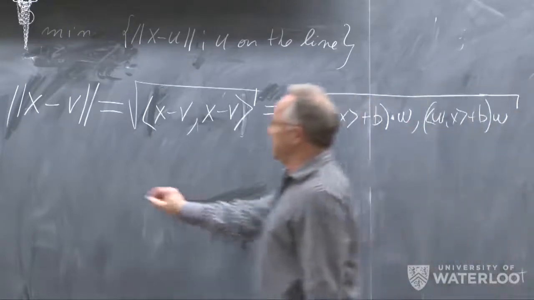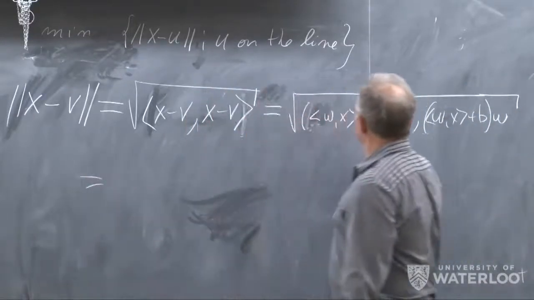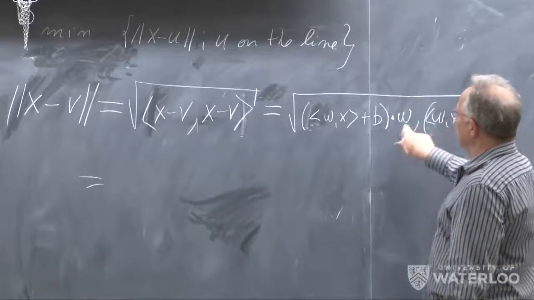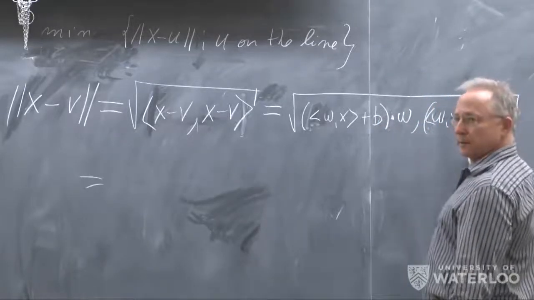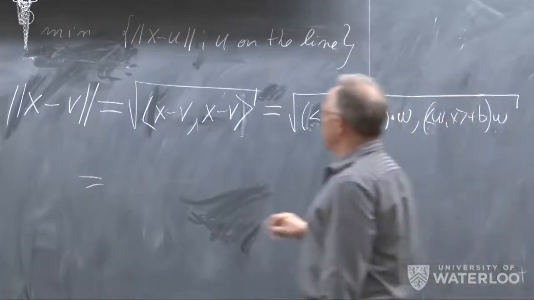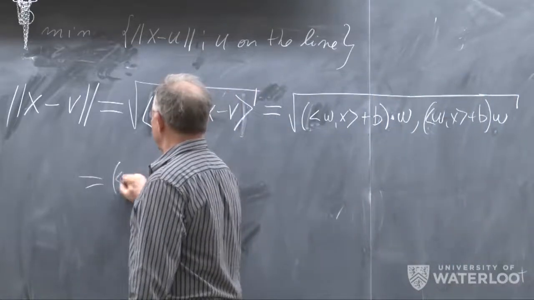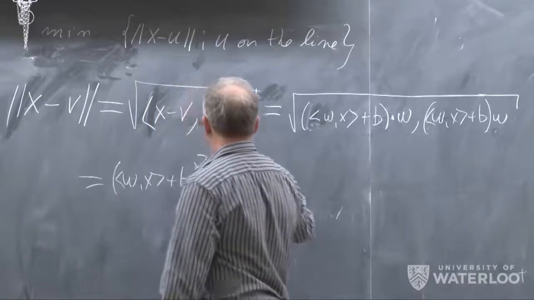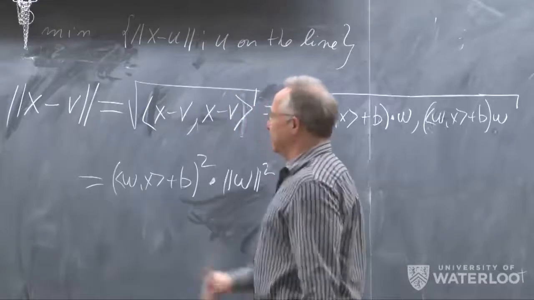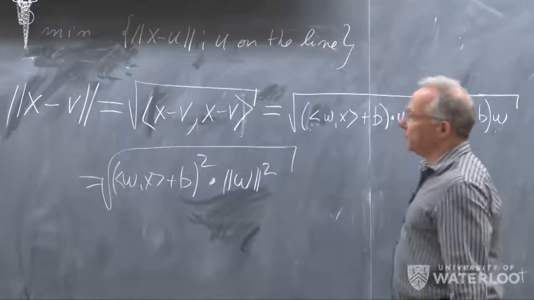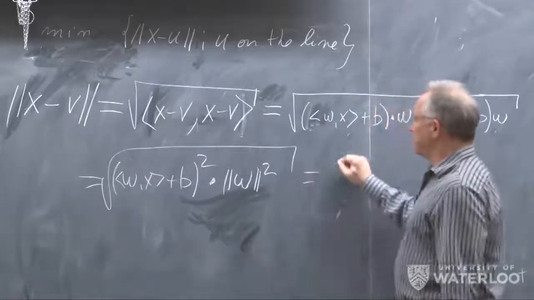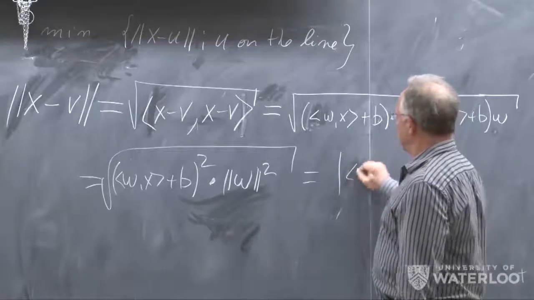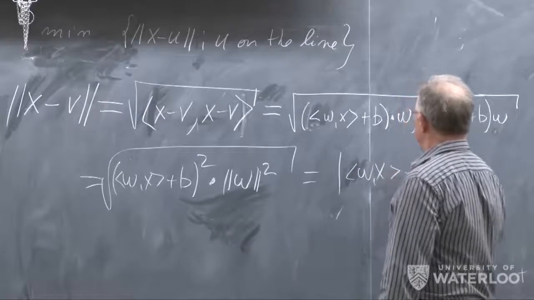So this is a number, and I get this number squared. And w dot product w is the length of w squared. So I get w x plus b squared times the norm of w squared. Now I take the square root, so I get exactly what I wanted: w x plus b.